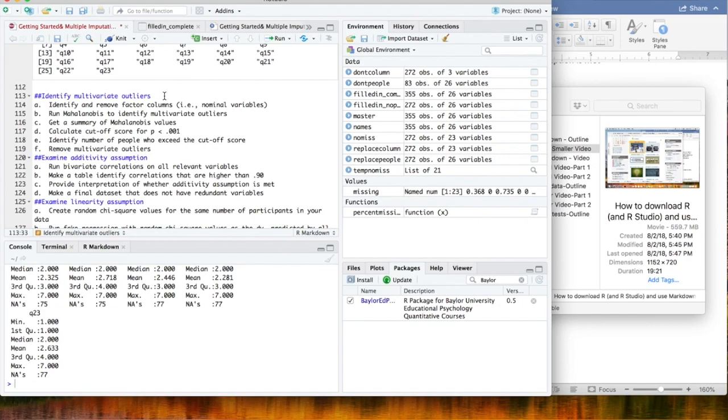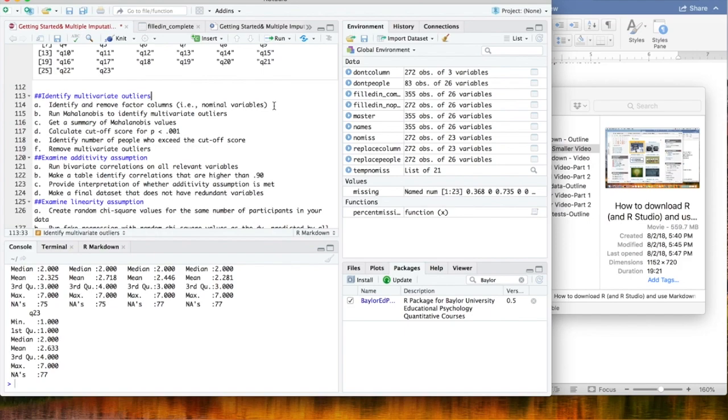So, to identify multivariate outliers, ultimately we want to run a Mahalanobis so we can get a multivariate centroid, which represents the mean of means. So we can run an omnibus test to basically detect multivariate outliers.